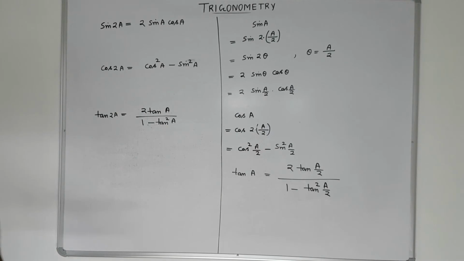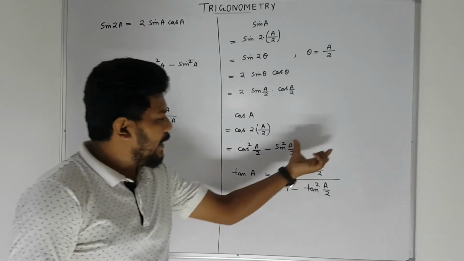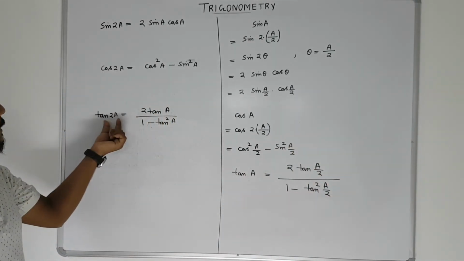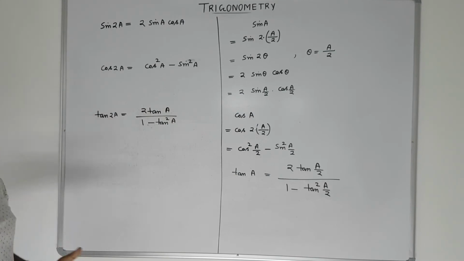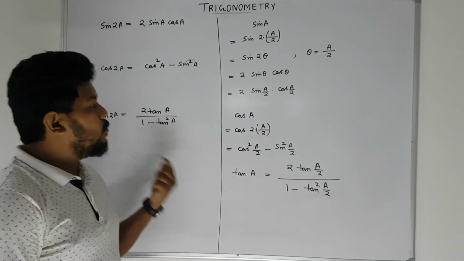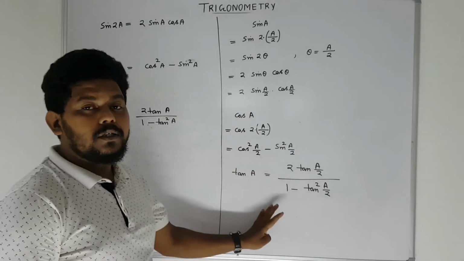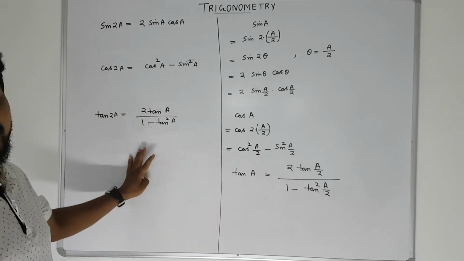So the angle is reduced to A by 2. Here the angle was reduced to A. So when you derive the formula of submultiple angles, we use the formula of multiple angles.